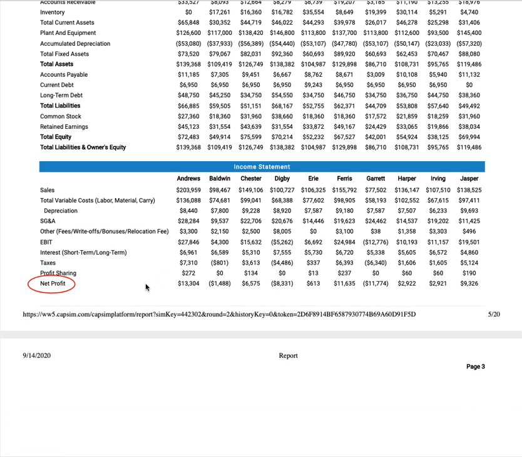Okay, and net profit. Again, I mentioned many times that profit is pretty important because in the balanced scorecard of Capstone, they measure four categories: financial, internal business process, customer, and learning and growth.